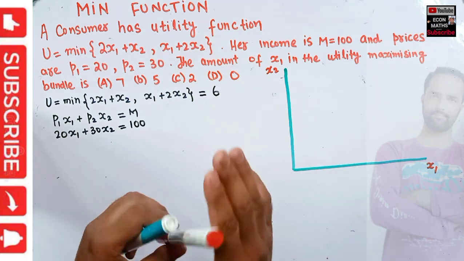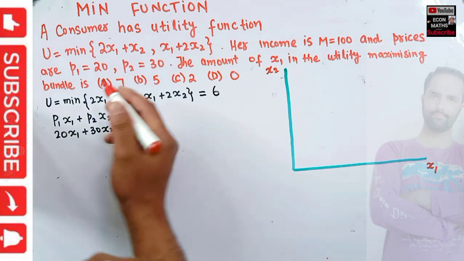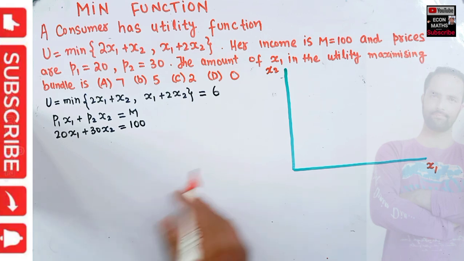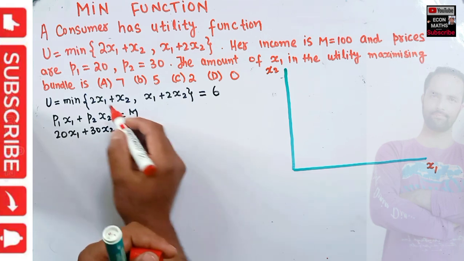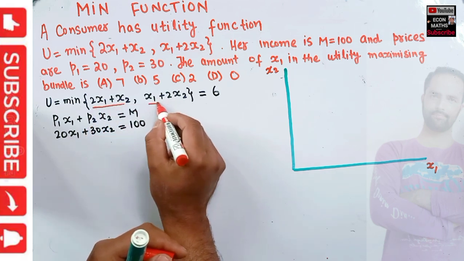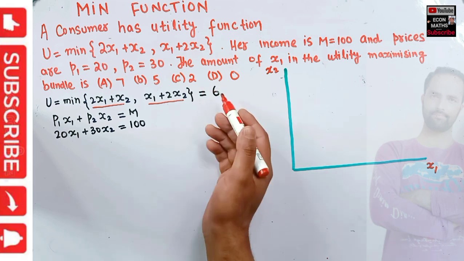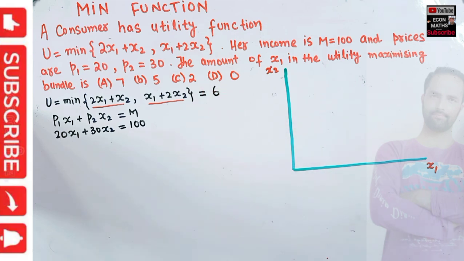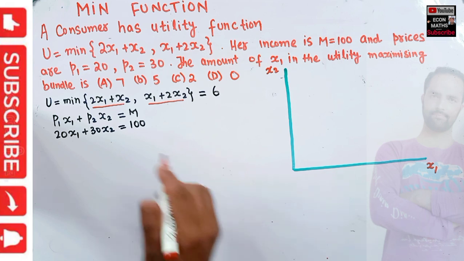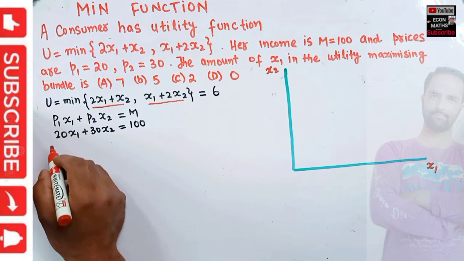So the first step in solving this kind of question is, there can be three cases here. We will draw the indifference curve of this argument and this argument at a utility level of 6.